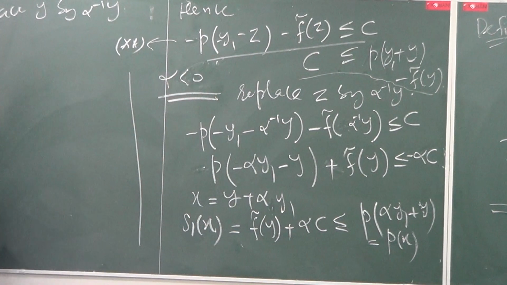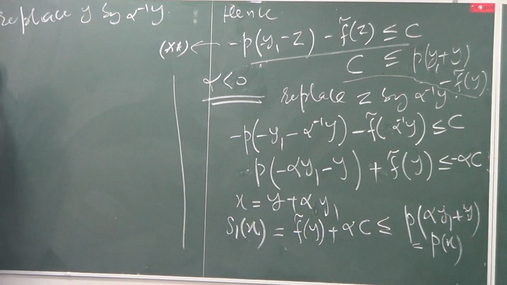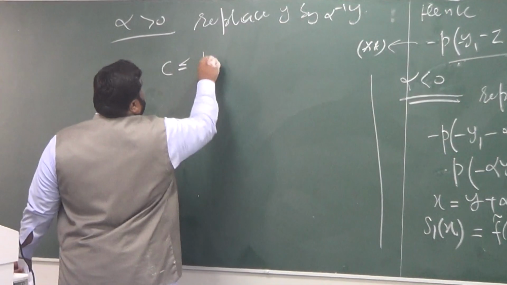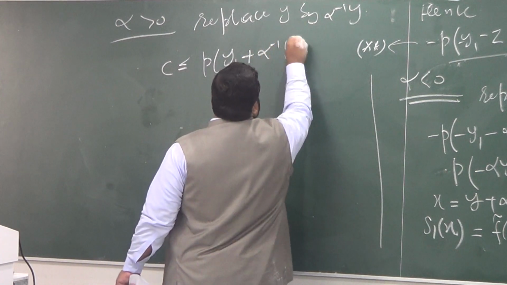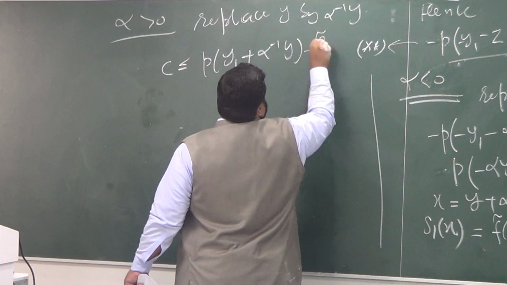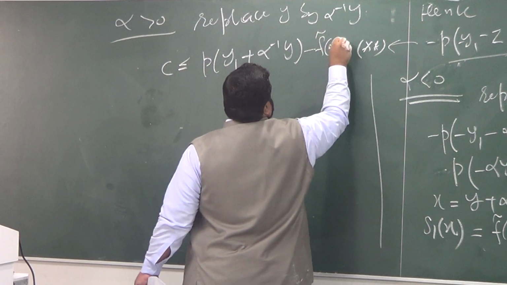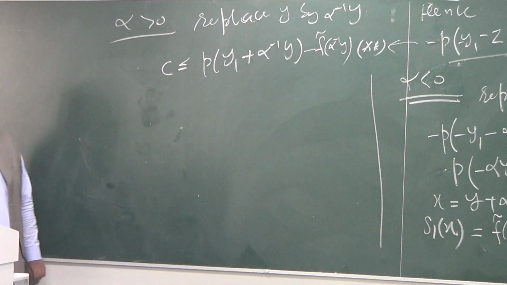If I replace it by alpha inverse y, what's going to happen? So c is less than or equal to p of y1 plus alpha inverse y, minus f tilde of alpha inverse y. Are you getting the point?